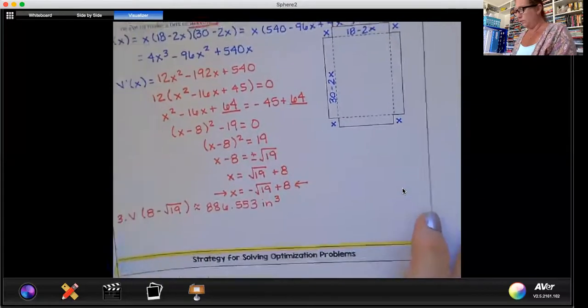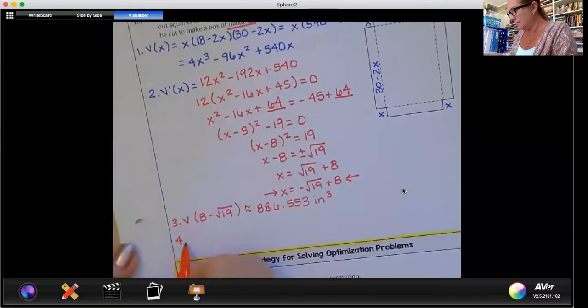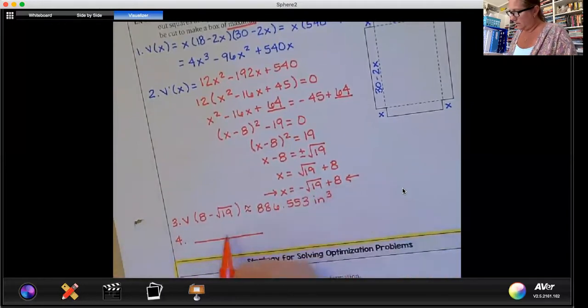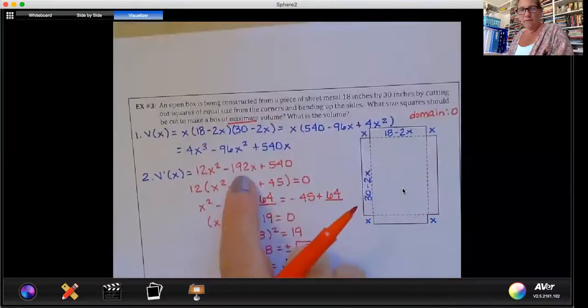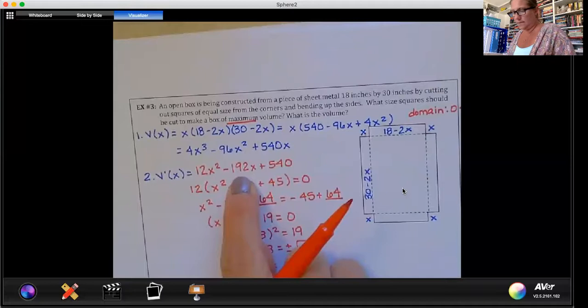So next we're going to prove that we have a maximum. So we said this value here was 3.641. Found that in our calculator. So I'm going to pick 3 and 4, plugging them into V prime. So 3 store as x, 12x squared minus 192x plus 540.